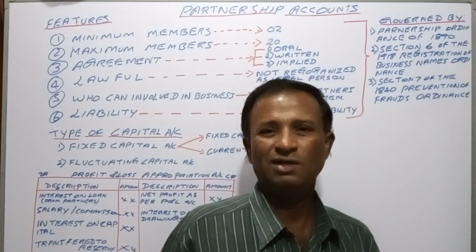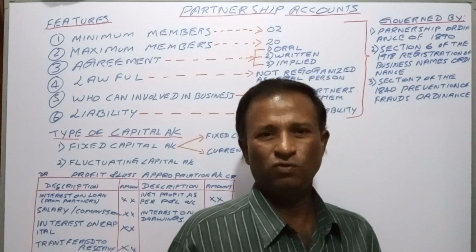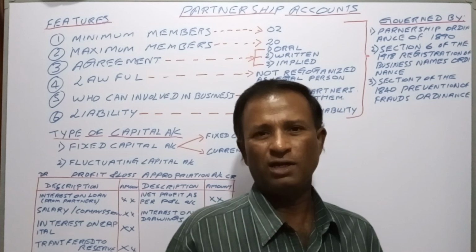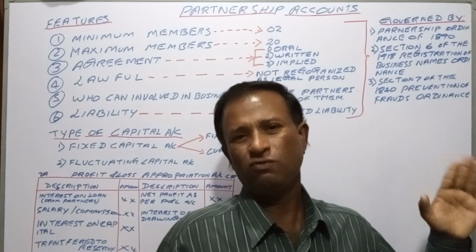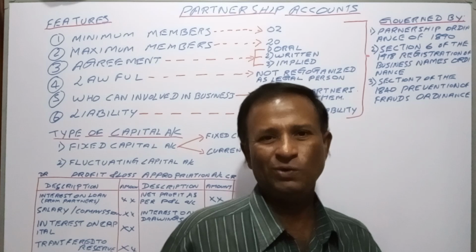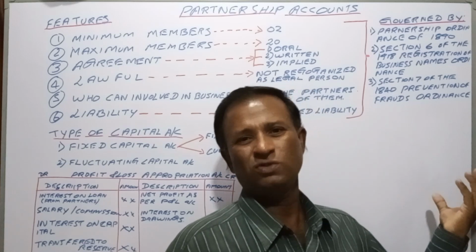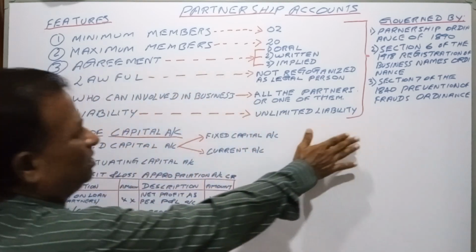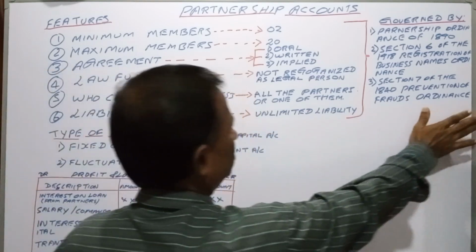Understood? If you want to buy one loaf of bread, you have to pay 150 or 140. So how can you start a partnership with 1000 rupees? No, it is not possible. That is what I wanted to tell you.